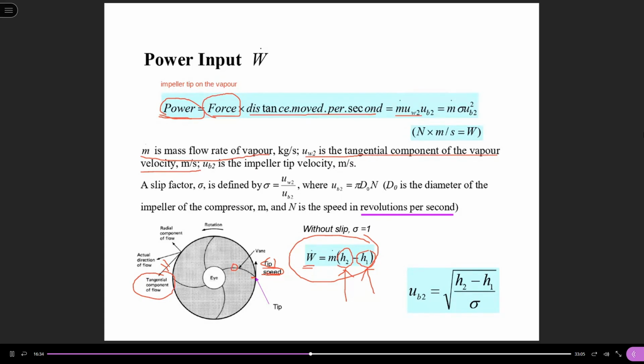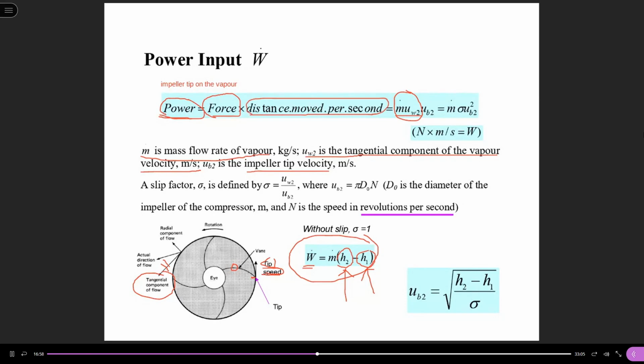Then this is the force, in the force of the tangential momentum, then we multiply by the impeller tip velocity. Okay, that is the distance per second.